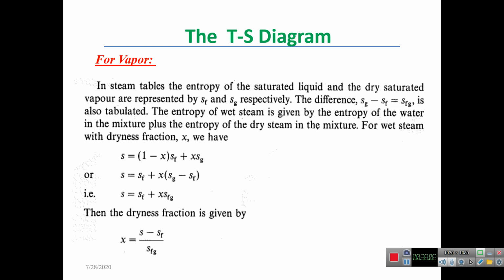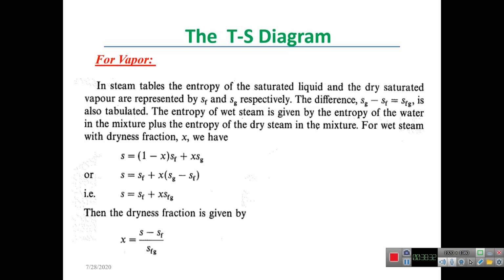Now, X can be calculated from the following equation if it's not given in a problem, or if you have any design problem and you don't have the value of X, then you can calculate it by using this relationship, which is generated from the above relationship. So X is equal to (S minus Sf) divided by Sfg.